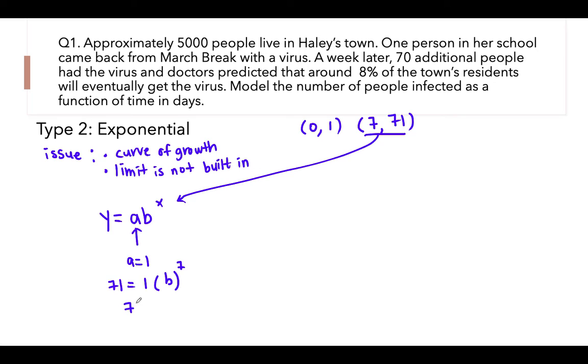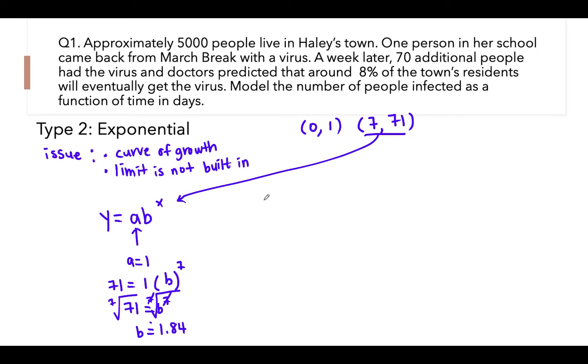So 71 equals b^7. To isolate for b, we're going to take the 7th root of both sides. So you can cancel. Using your calculator, the 7th root of 71 is approximately 1.84.